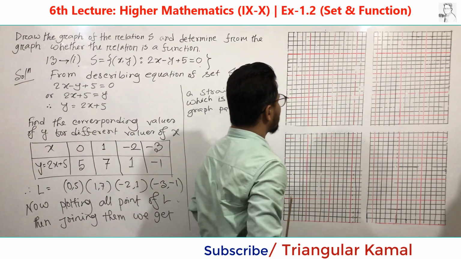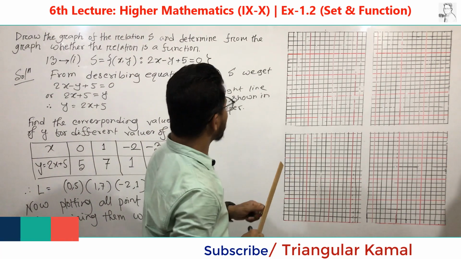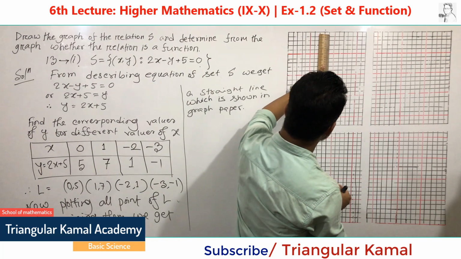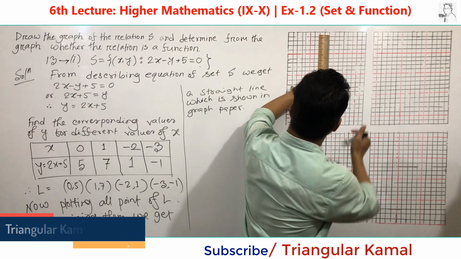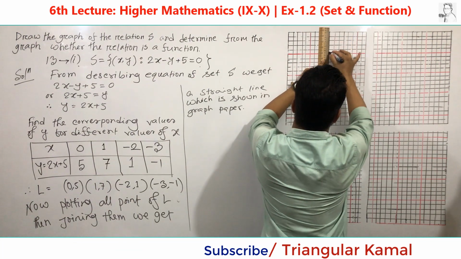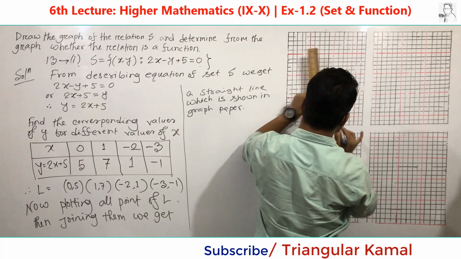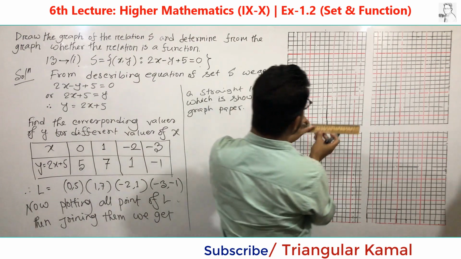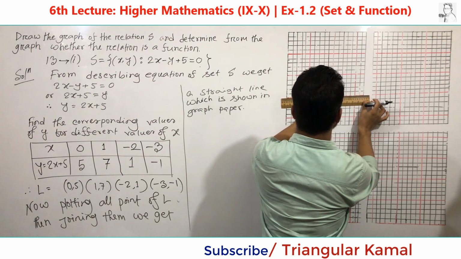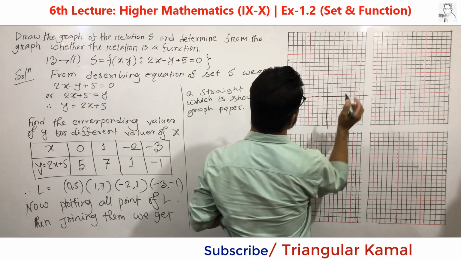There are 4 different graphs, and we can use the first one for question number 1. So considering first of all, draw a y-axis. Considering this one as the y-axis, and here this one as the x-axis.